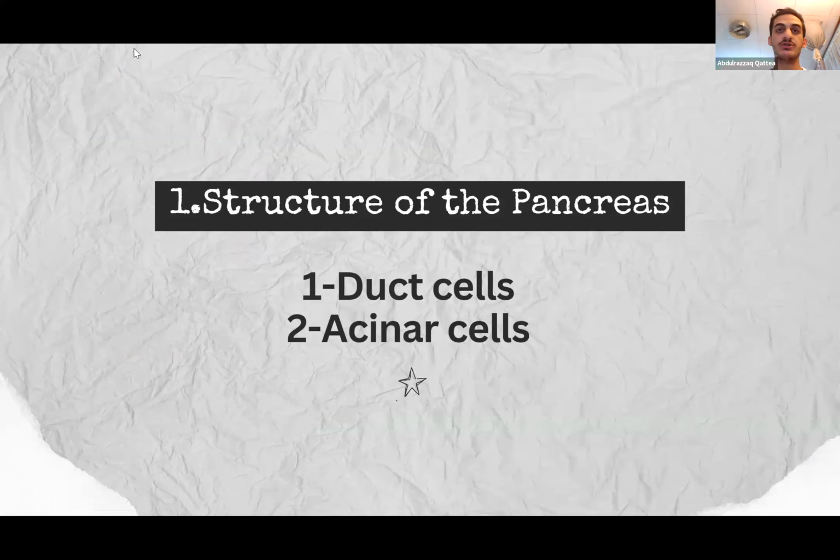In order to understand the physiology, we will also discuss a bit of the anatomy. The exocrine gland has two main cells. The first one is the duct cells, and the second is the acinar cells. Each one of them has its own function, enzymes and secretions.